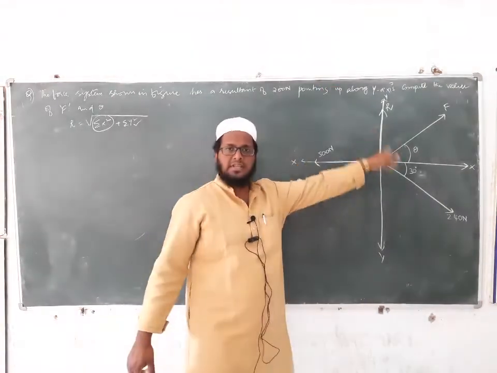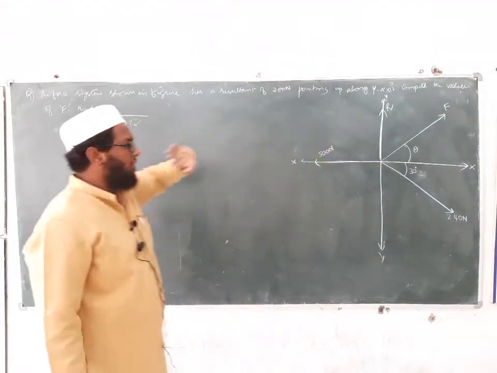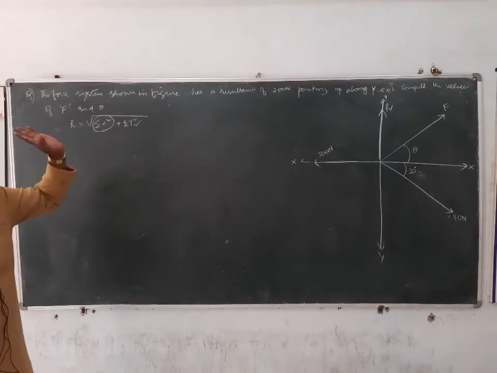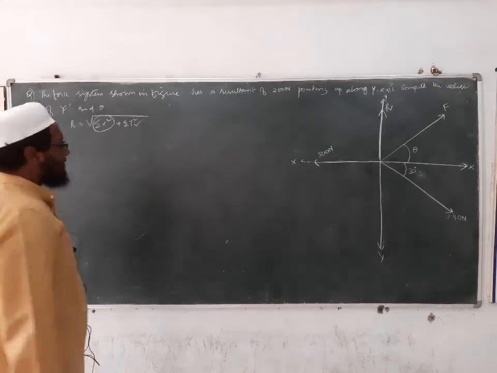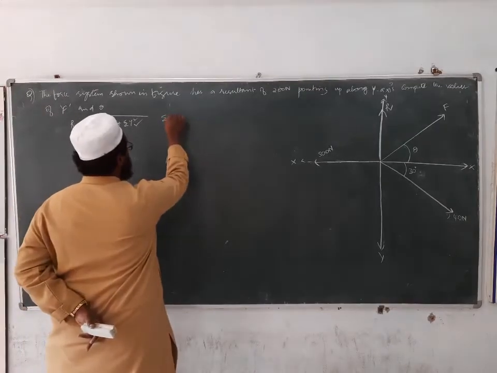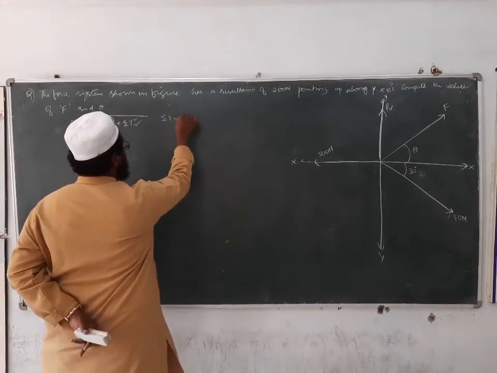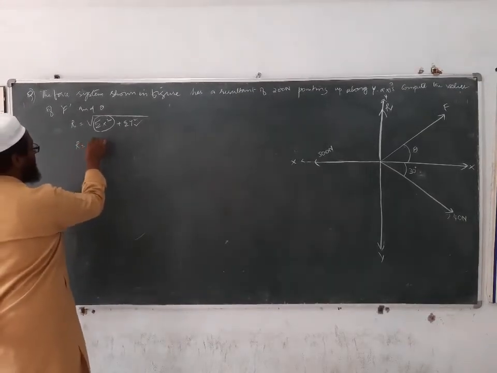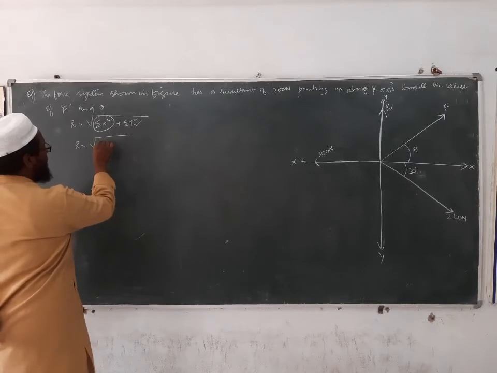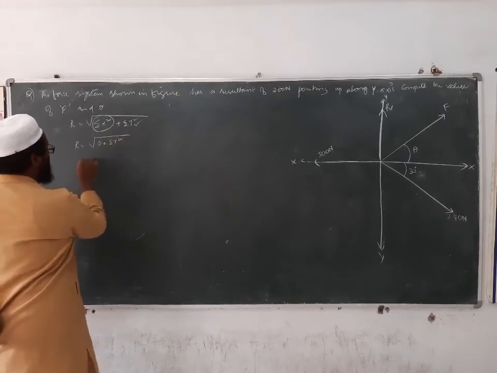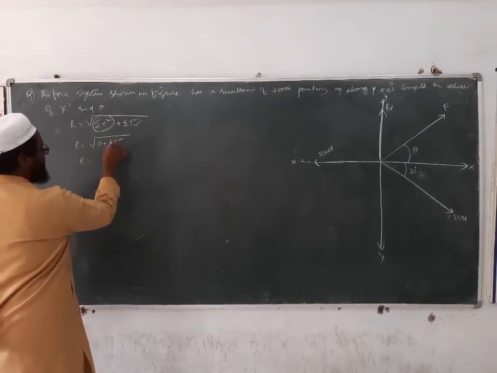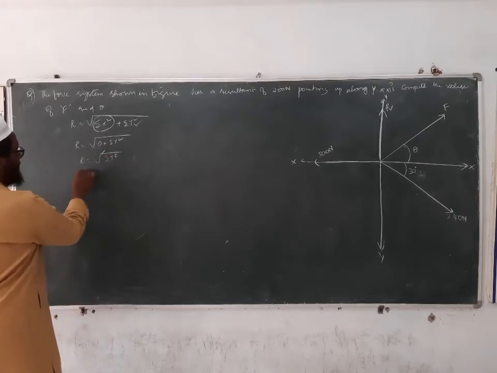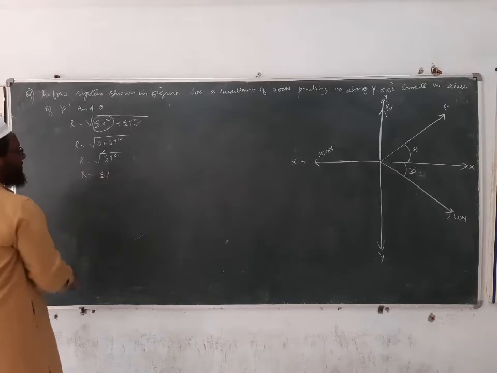The same thing is happening here. The resultant is going exactly upward, so sigma x will become 0 and sigma y will have some value. R is equal to the square root of 0 plus sigma y squared. The square root and the square cancel, so R is equal to sigma y.